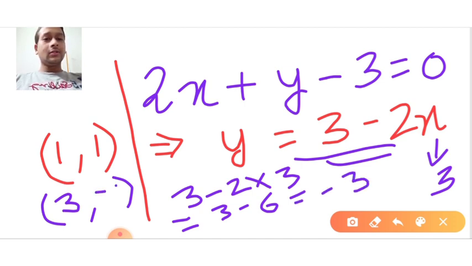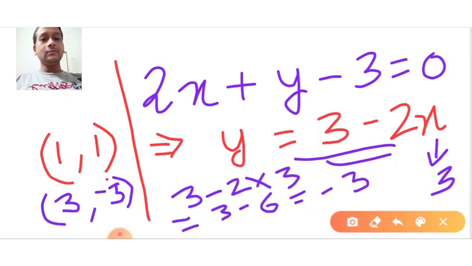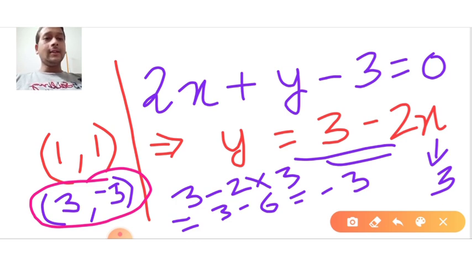So what will be the value of y? It will be minus 3. So 1 comma 1 and 3 comma minus 3 also satisfies this equation 2x plus y minus 3 equal to 0. So it is also a solution of this linear equation.